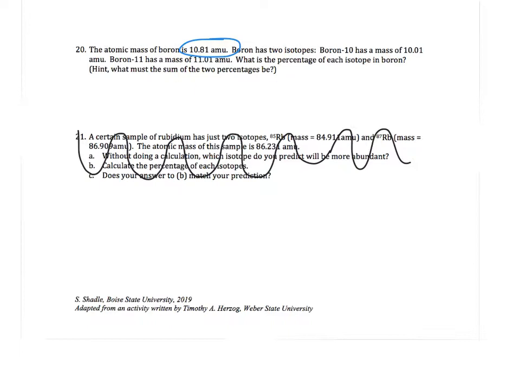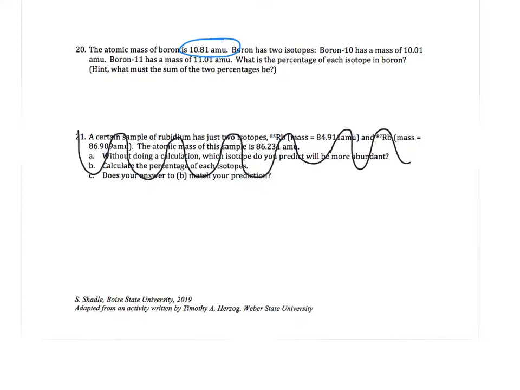So boron has two isotopes, boron 10, which has a mass of 10.01 AMU, and boron 11, which has a mass of 11.01 AMU. So what we can see is that these two isotopes somehow get weighted and averaged together to give this as our average mass. And we can see that this is closer to 11 AMU than it is to 10. So that tells me that probably boron 11 is more abundant than boron 10.